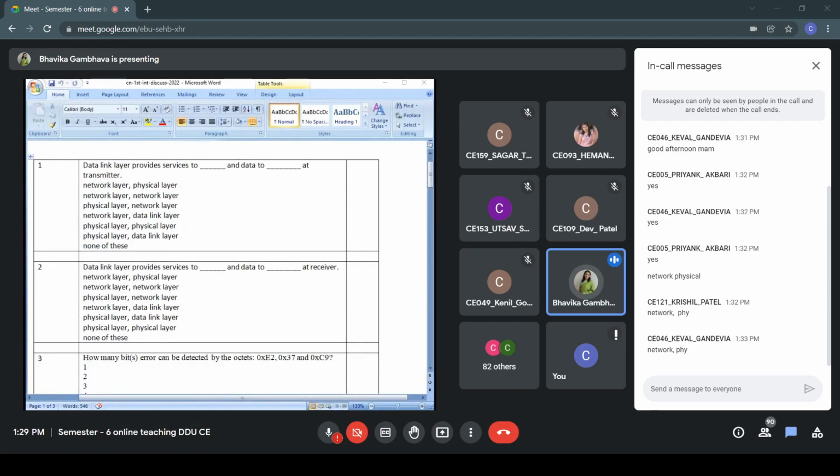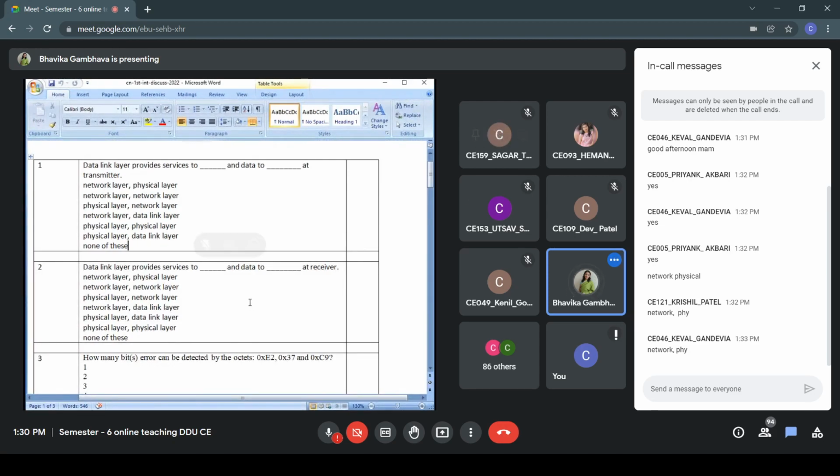So you are saying that it provides services to network layer and data to physical layer. Is there anyone else who is having a different answer? Okay, so that is the correct answer.